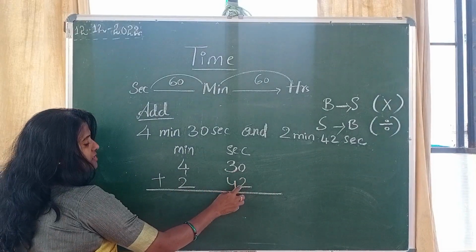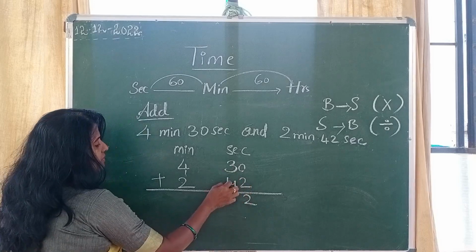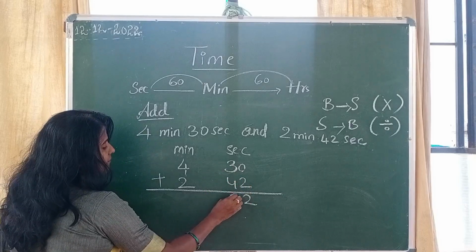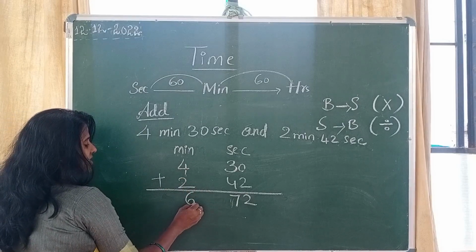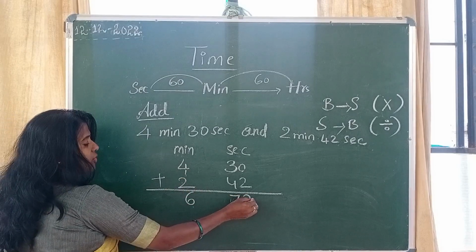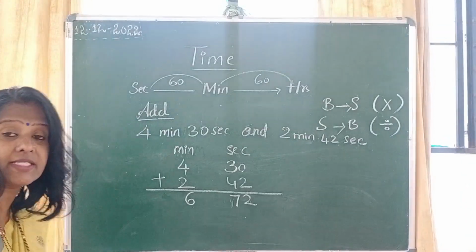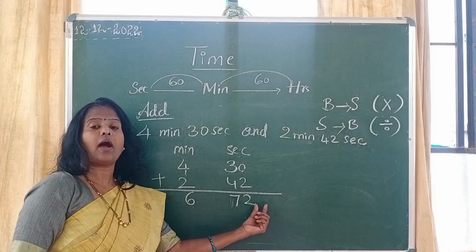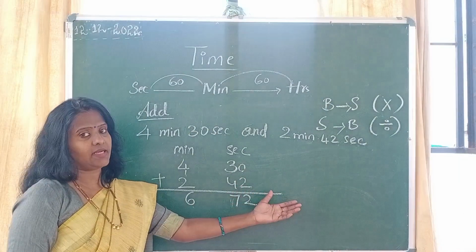So 30 plus 42, 2 plus 0 plus 2, 2, 3 plus 4, 7. And this is 4 plus 2, 6. So 6 minutes 72 seconds. But the maximum value of seconds is up to 60. After 60 seconds, it will go to minutes, is it not?